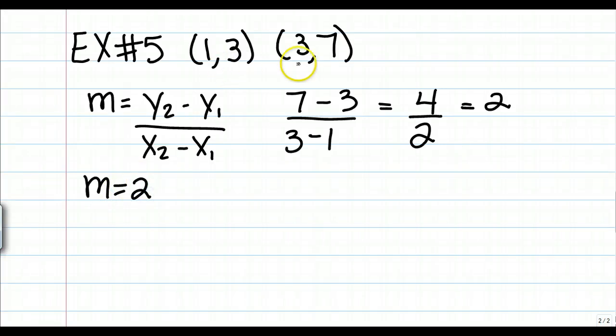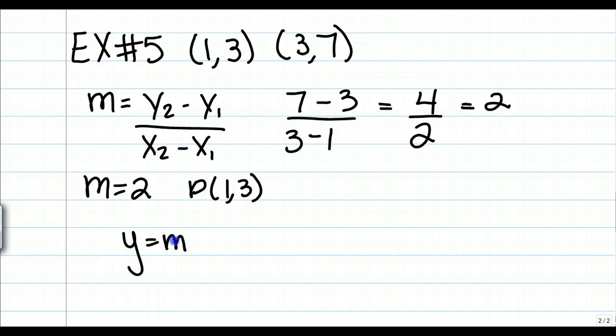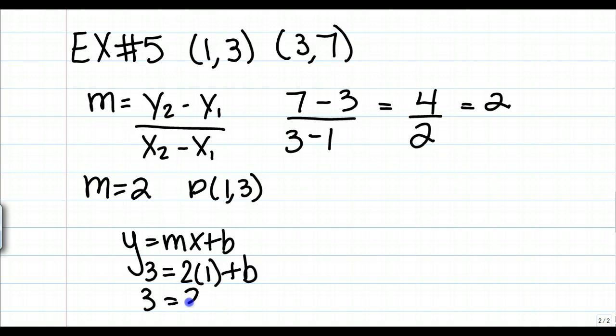And I can use either point. It doesn't matter which one I choose. Either one will work. I'm going to choose the point 1, 3. And so now I have a point and I have a slope, so I can write an equation. I'm going to use y equals mx plus b like I did in the last several examples. I'm going to plug in my point, so it's 3 equals my slope, which is 2, my x is 1, and I have to find b. So I have 3 equals 2 plus b.